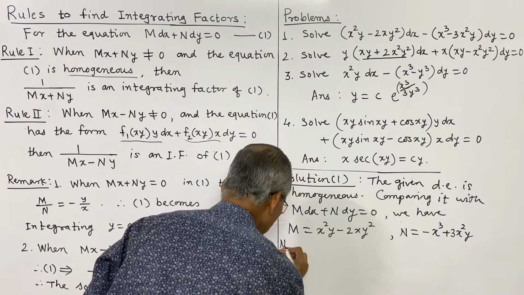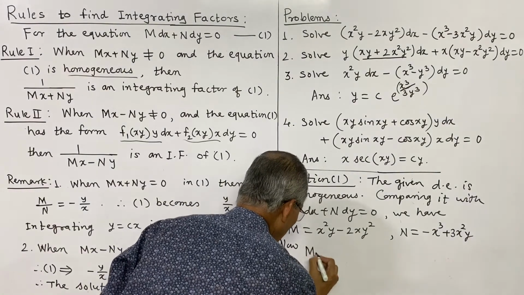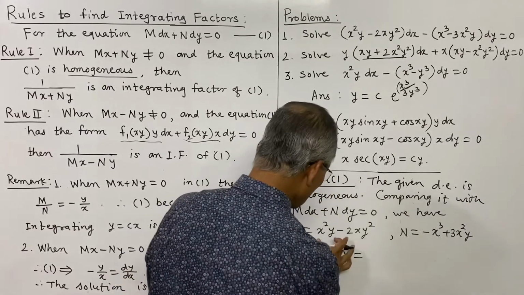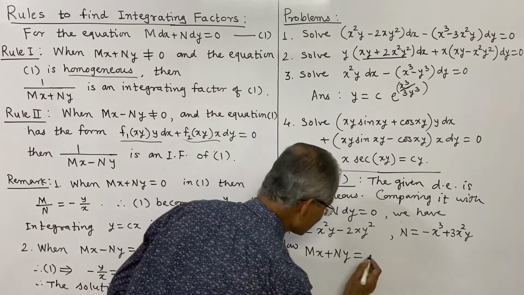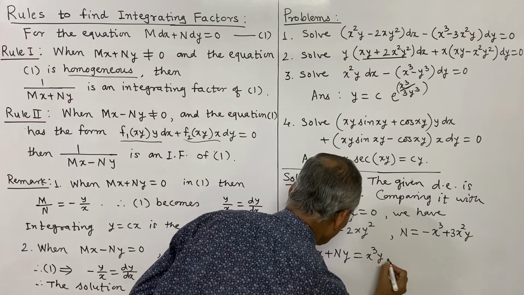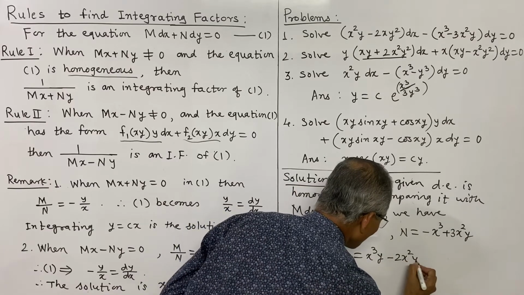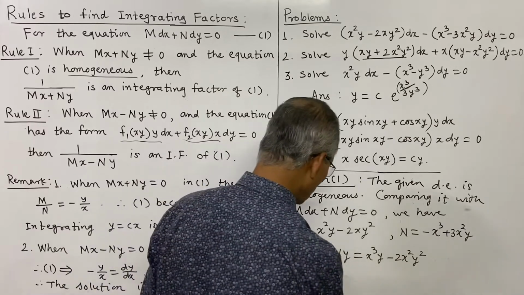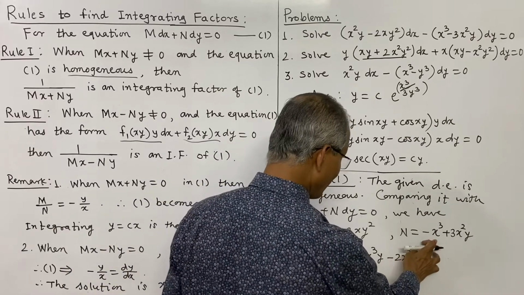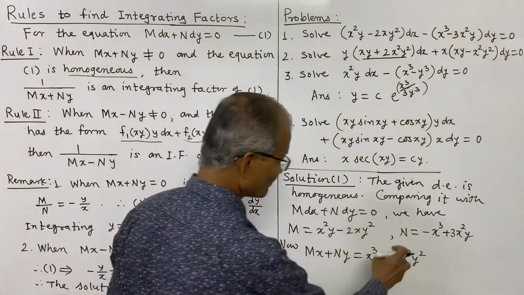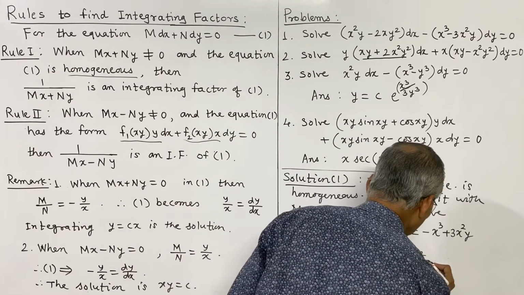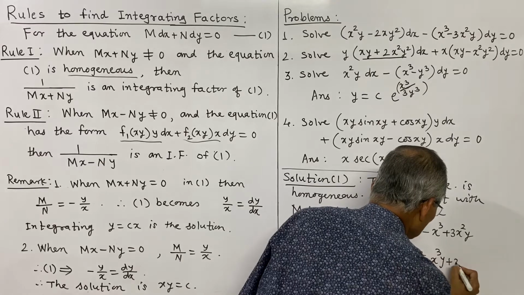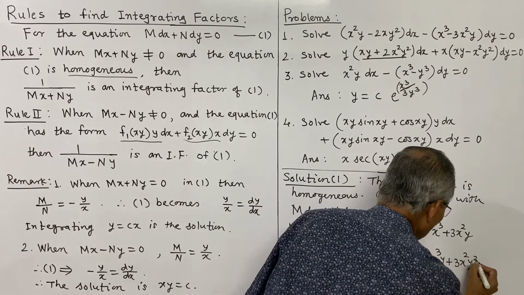Now Mx plus N into y is equal to, multiply M by x, so the power increases, that is x cube y minus 2x square y square. So this much is M multiplied by x. Now multiply N by y and add it, so the signs will remain the same, that is minus x cube y and plus 3x square y square.